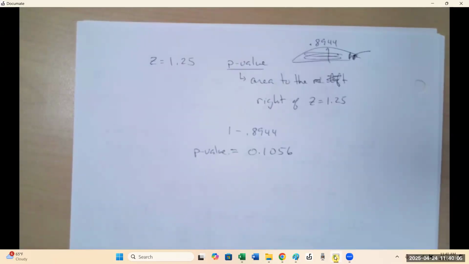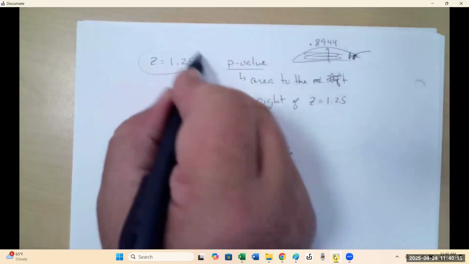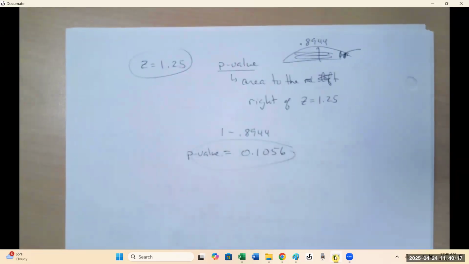So now what do we do? How do we use these two values here? Do we accept or reject our null hypothesis? Or do we fail to reject our null hypothesis?